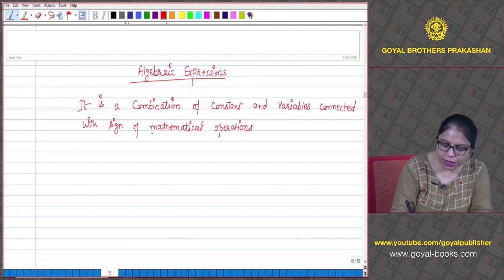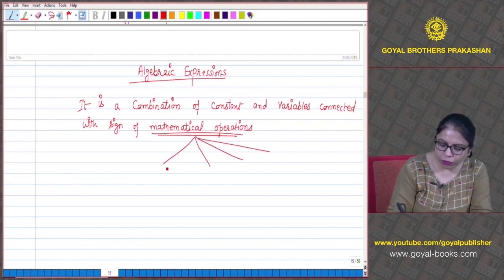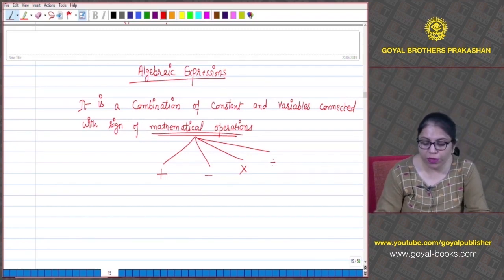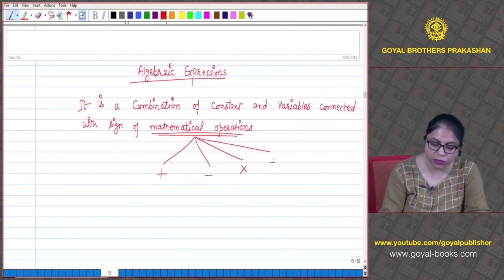Now what are the signs of mathematical operation? There are 4 signs: plus, minus, multiply and division. These are the signs of mathematical operation. That means these are the 4 mathematical operations.